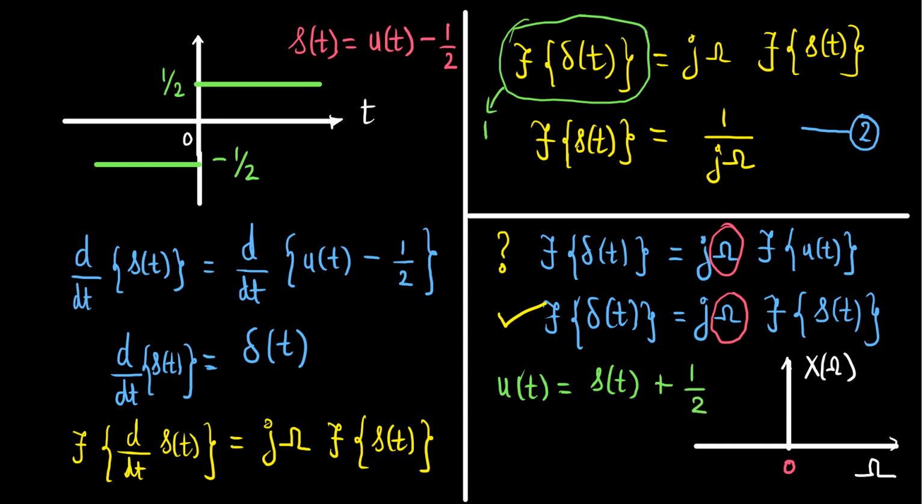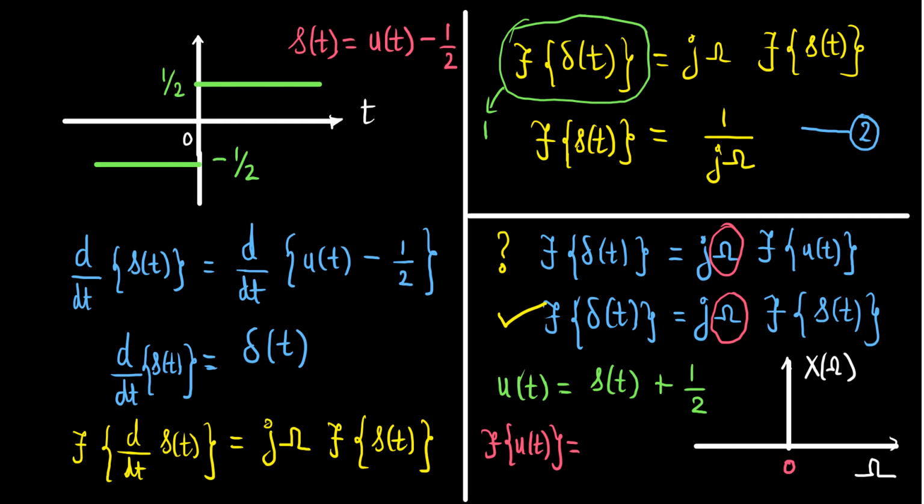So it's the same thing, this equation, I'm representing it here. So this u of t is s of t plus half, so I have shifted this half to the other side. Now we can apply the linearity property of Fourier transform. If I take the Fourier transform of u of t, then it is the Fourier transform of s of t that we have already calculated here.